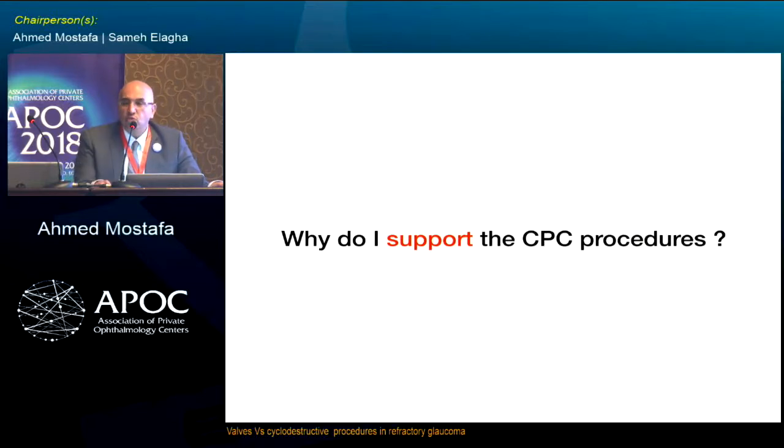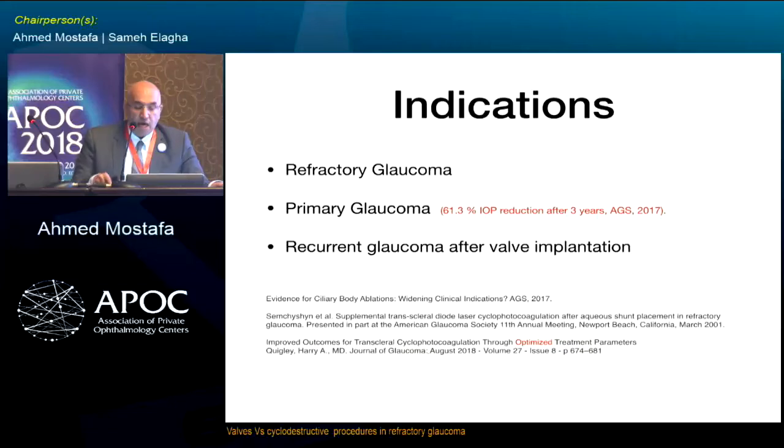And then, why do I support the cycloablative procedures? They are indicated for refractory glaucomas, as we all know, but there are interesting reports about the use of the cycloablative procedures in primary glaucoma, a point that might reflect some safety of the procedure with results and follow-up up to 3 years.